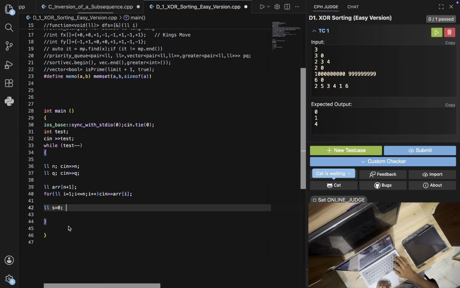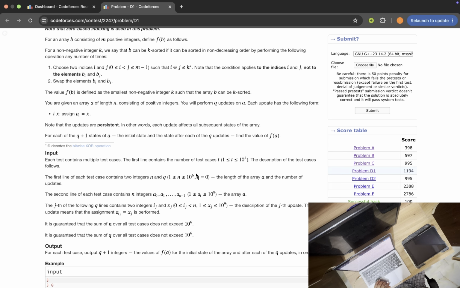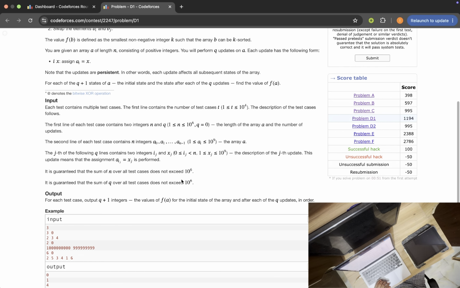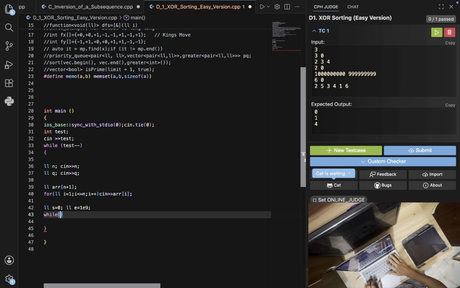Non-negative integer k. Yeah. K can be up to what? Let's make it 1 in 9. It's not a problem.